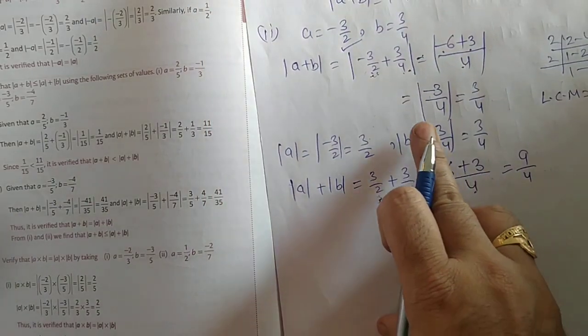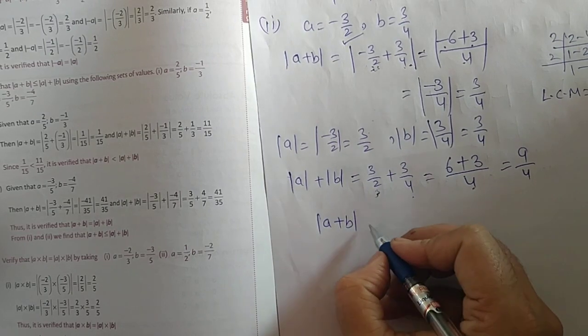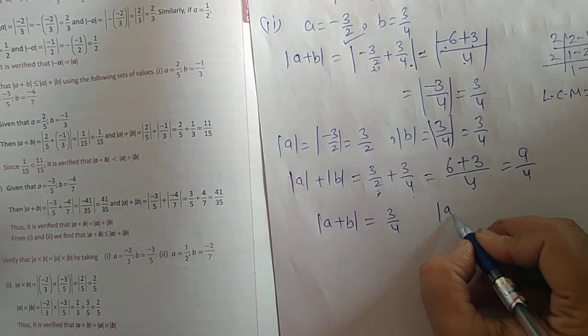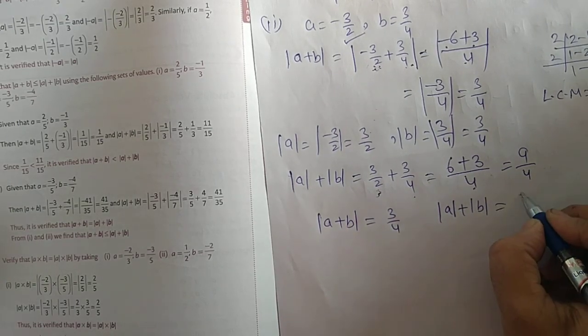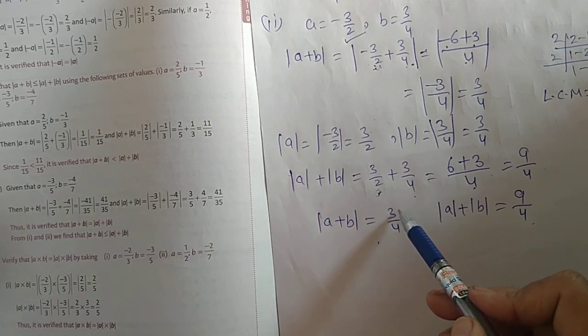So if we consider, mod of A plus B is equal to 3 upon 4 and mod of A plus mod of B is equal to 9 upon 4. If we compare these two, this number is smaller.